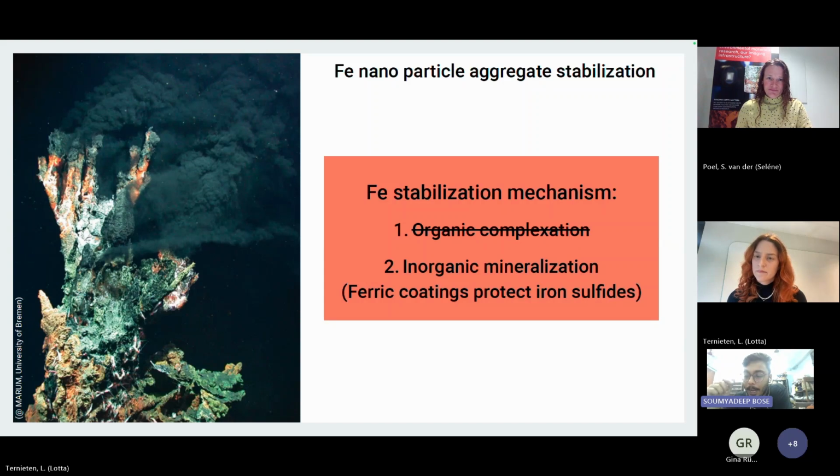So as you have described, these ferrihydrites are formed after the venting with a chalcopyrite core inside. So what if they got transported and precipitate at the ocean bottom, and what if they got modified to another phase, and what will be the fate of this chalcopyrite within them? Can you tell me?